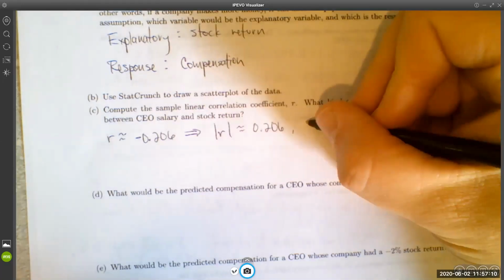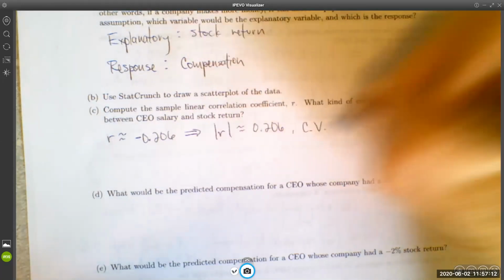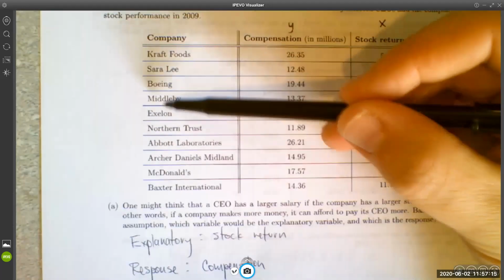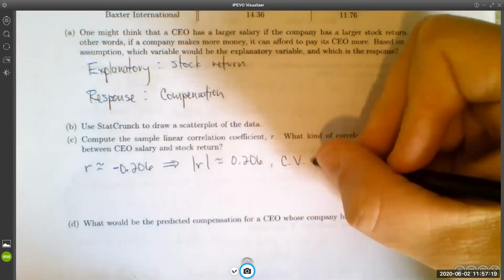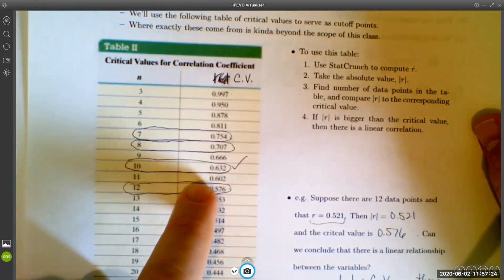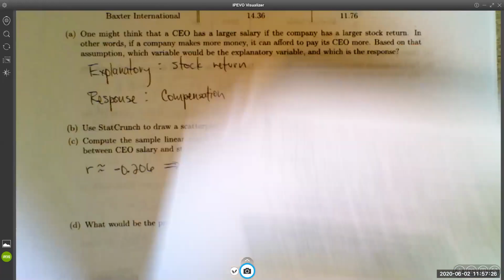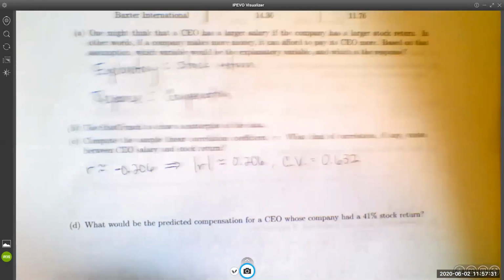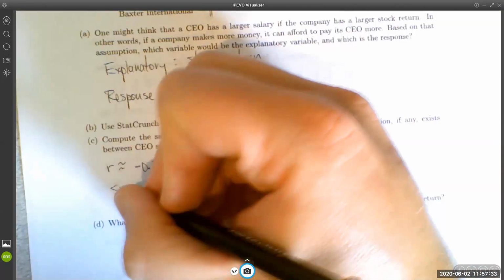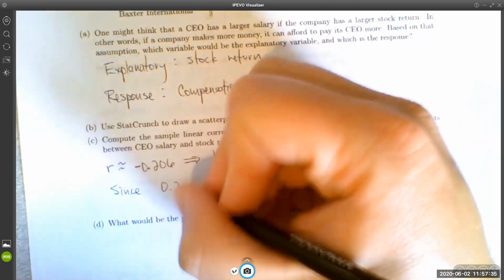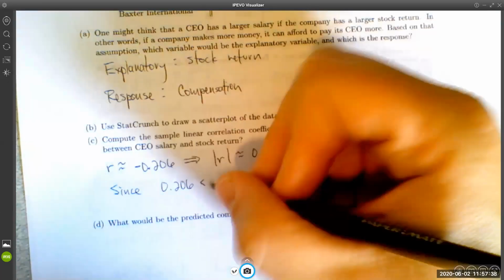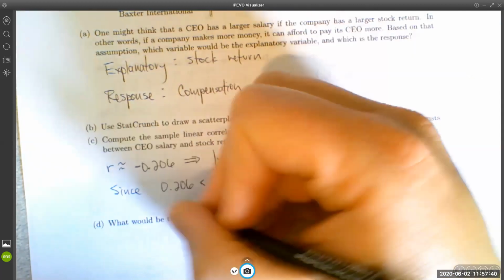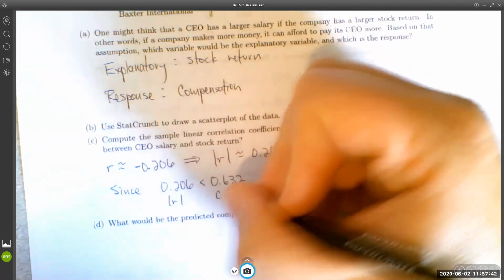Again, I think we have 10 observations here: 1, 2, 3, 4, 5, 6, 7, 8, 9, 10. So for n equals 10, our critical value, which we found on the previous problem, is 0.632. Since 0.206 is less than 0.632, the absolute value of R is smaller than our critical value.